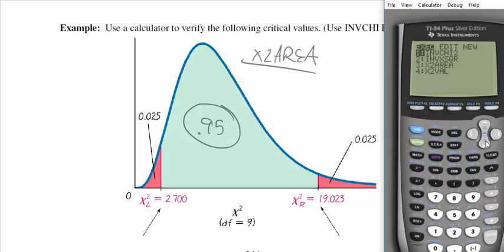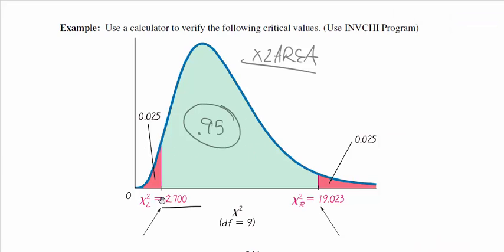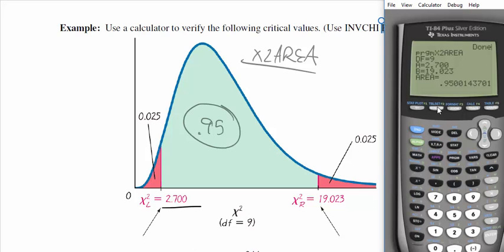So program and then X2 area, enter, the degrees of freedom, enter 9, enter, then go to the left value, and the left value was 2.700, so 2.700, and then I go down to right point, enter, and that was 19.023, enter, and then go down to find area, and I see that the area in the middle between these two values of 2.7 and 19.023 was actually 0.95.